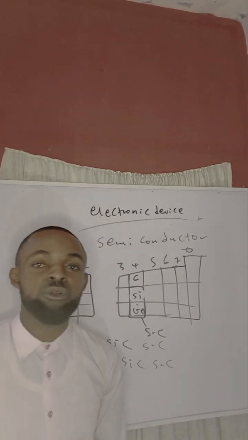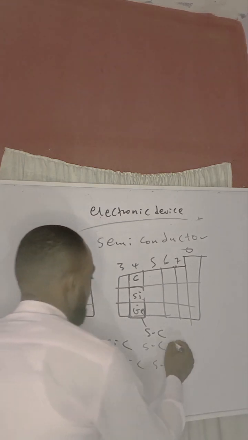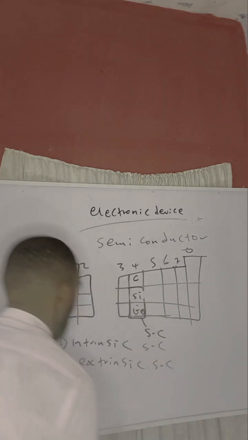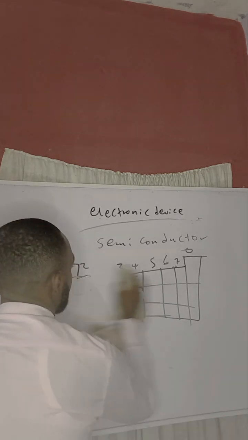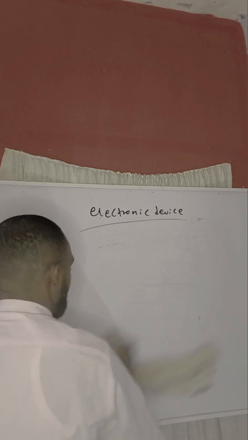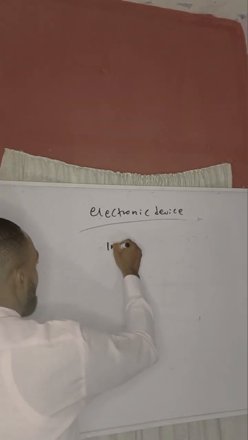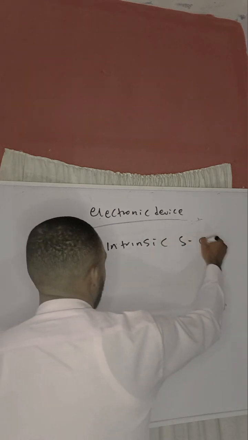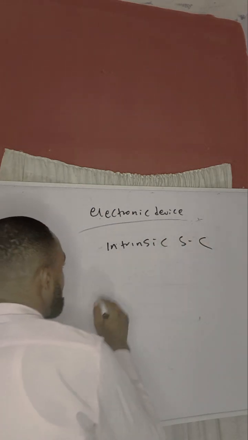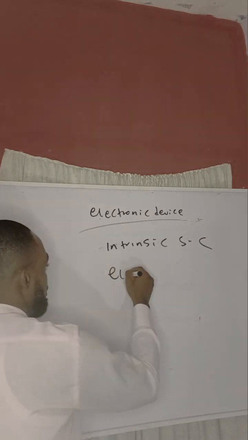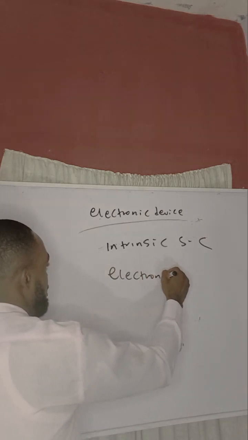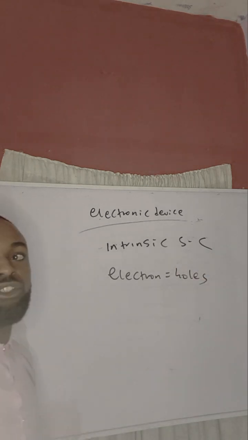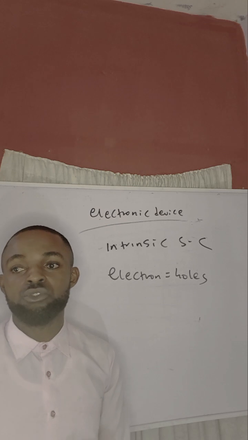They are always pure. That is what you need to know here. In an intrinsic semiconductor, the number of electrons is equal to the number of holes.